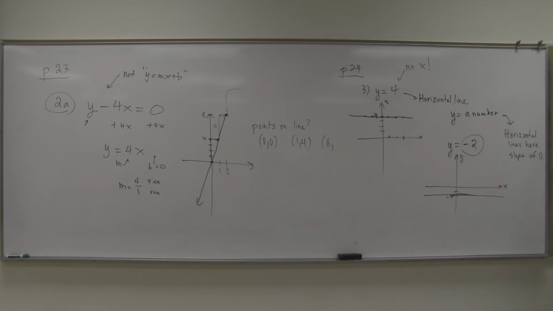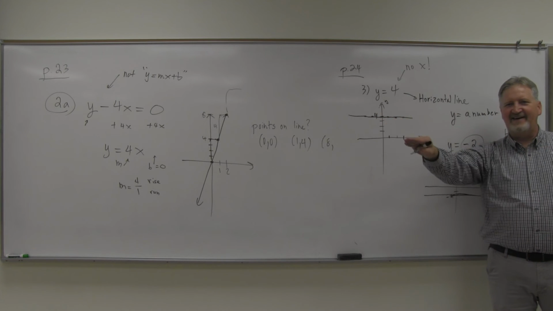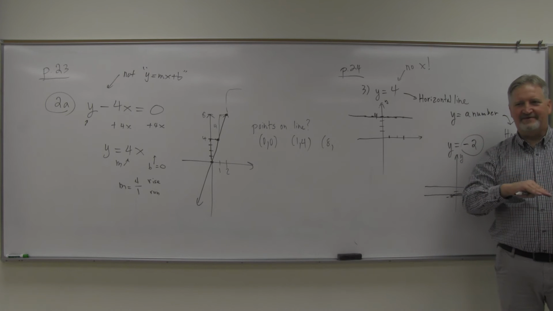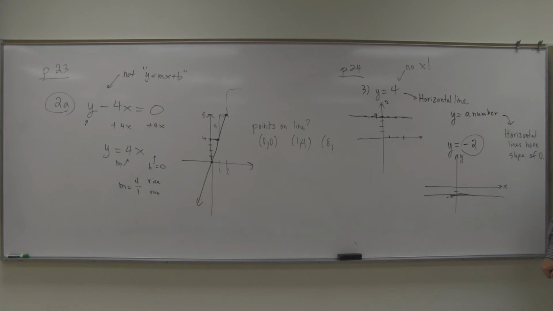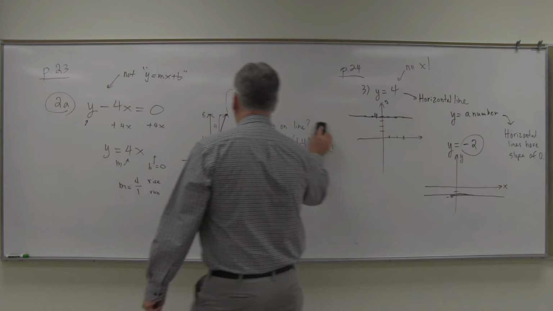Horizontal lines have a slope of 0. So it's not positive slope, it's not negative slope, because it's straight across, right? That's 0 slope, in other words. Kind of easy to see that, I think. It has 0 slope. Now, one other one, let me throw at you here.